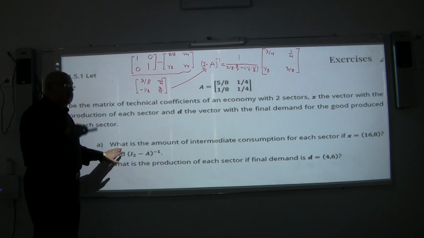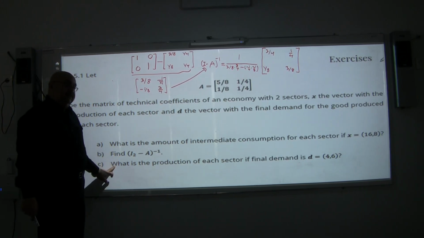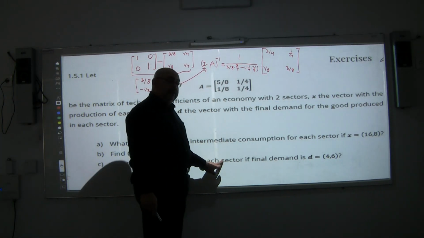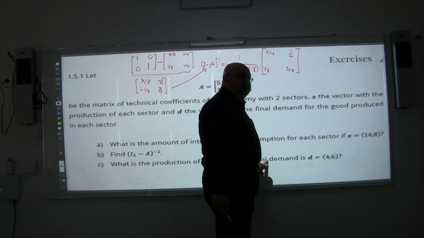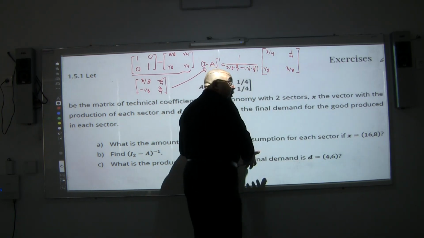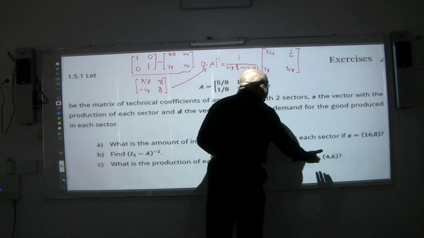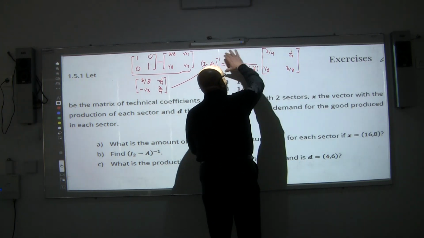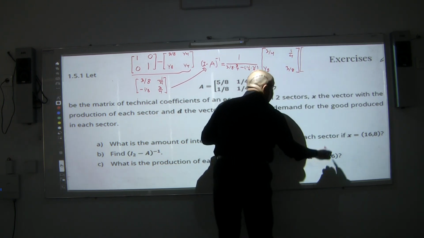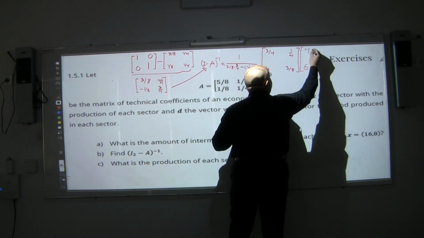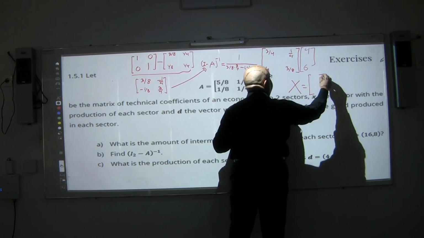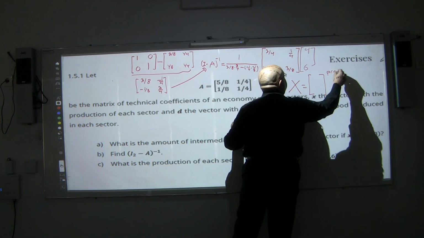Now he is asking you, what is the production of each sector if the final demand is 4 and 6? What to do? In order to get this production to meet this final demand, after evaluating the inverse, I will multiply it by the demand, and it will give you the X column, which is the production.